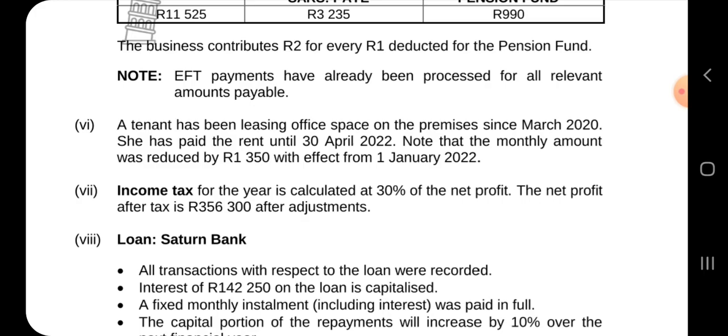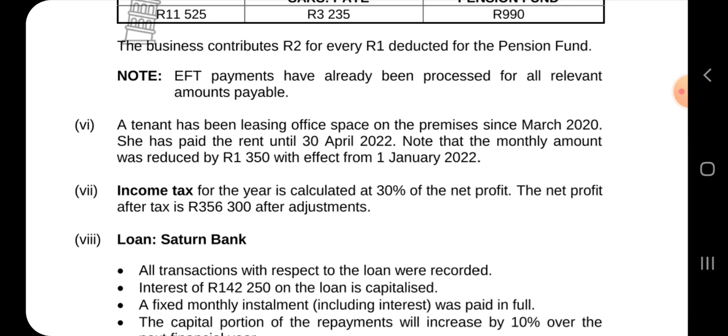And the financial year ends on 28th of February. So January and February, those 2 months, the rent was decreased by 1,350. So we cannot just take the amount that we get from the trial balance and divide it by 14 months, because there is a decrease that has taken place.